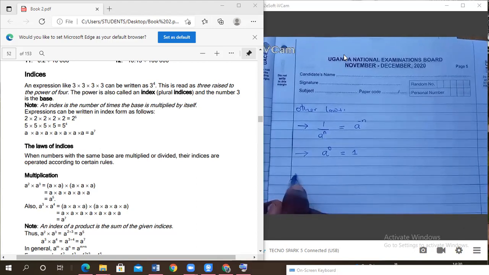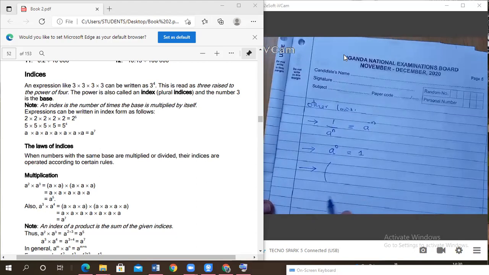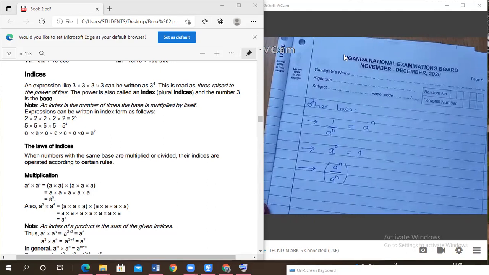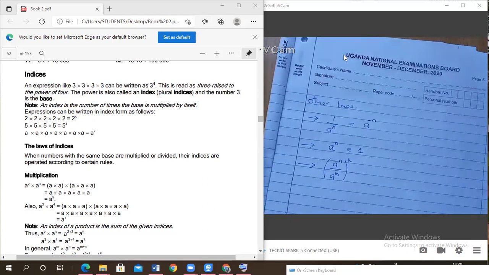Then we can also have, if I have a to the power m divided by a to the power n, but it's again raised to another power, let's say maybe another power k. Now this power is going to be distributed to both the numerator and denominator.